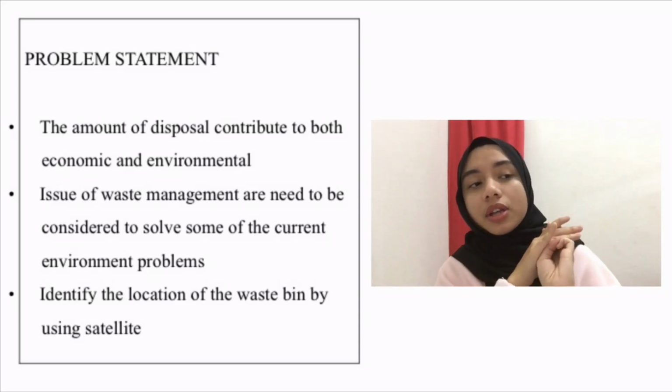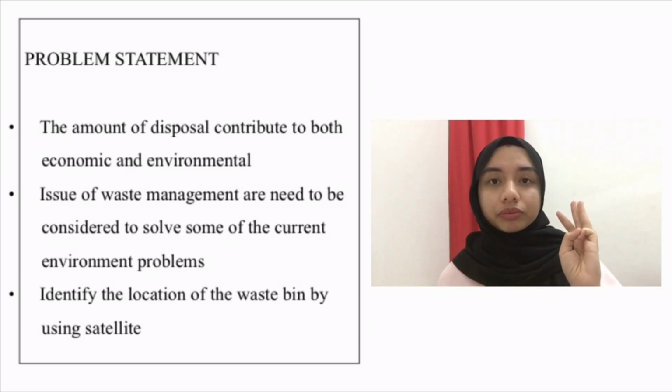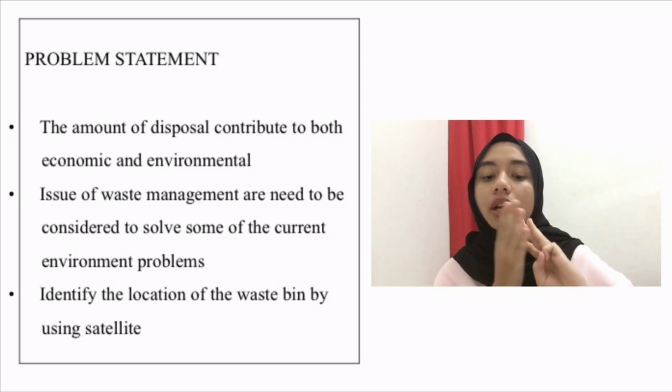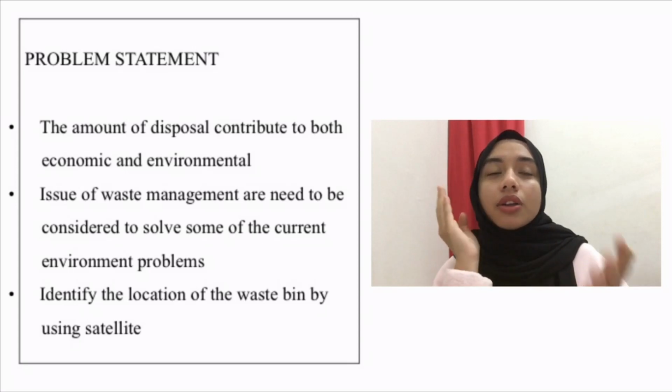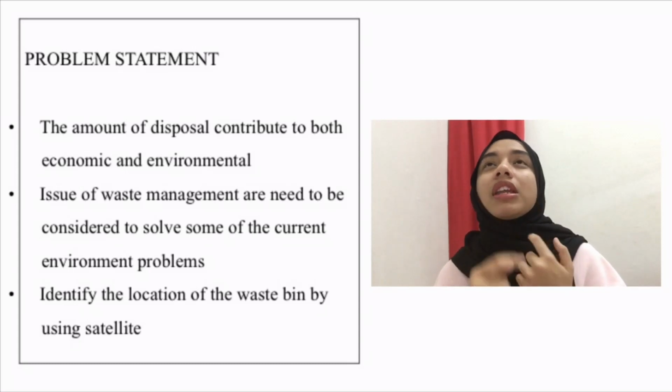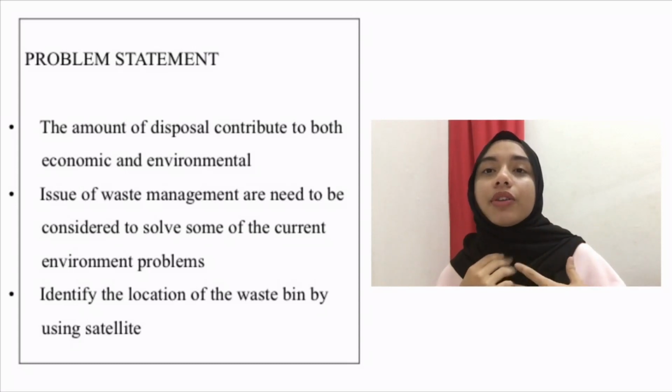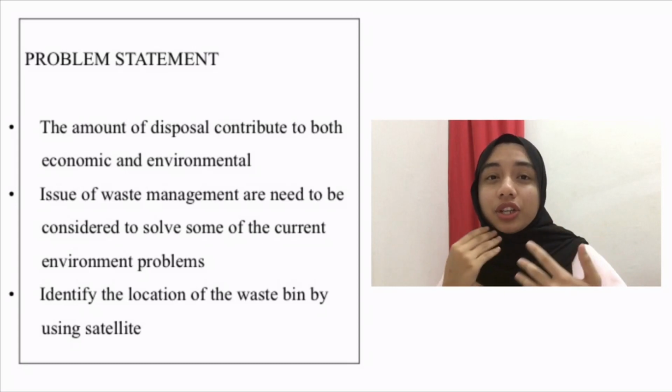Okay, for the last problem statement, this is to identify the location of the waste bins by using satellite. So this GIS software will give proper information about the waste management system in the UiTM campus.